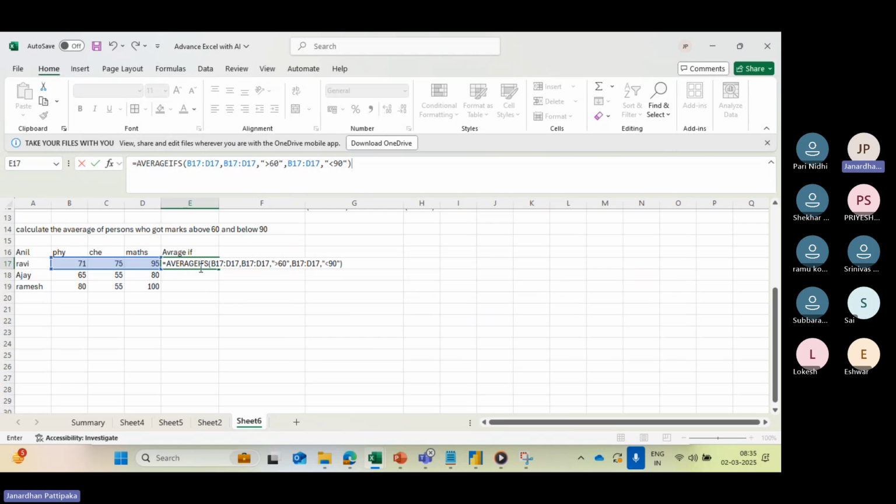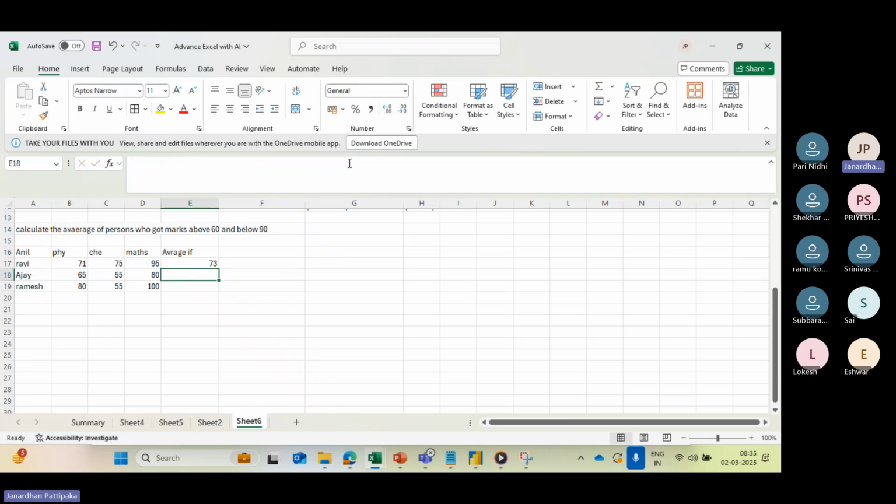First, you have to select the criteria range, some range of the marks, the average range I have selected, comma, criteria. That means for this average range, it should be greater than 60 that I have mentioned, and below 90. So I have selected that criteria and mentioned the 90. Now you click on OK. So you will get the 73 over here, average.